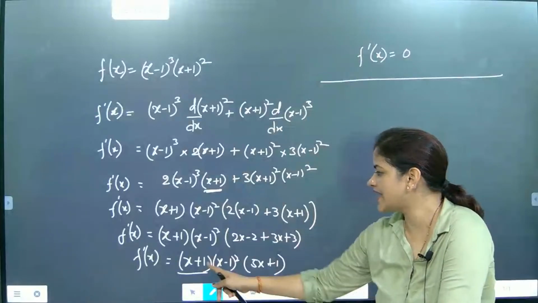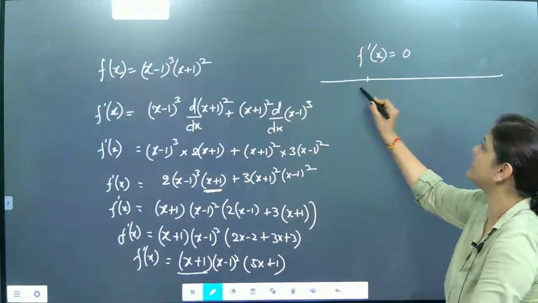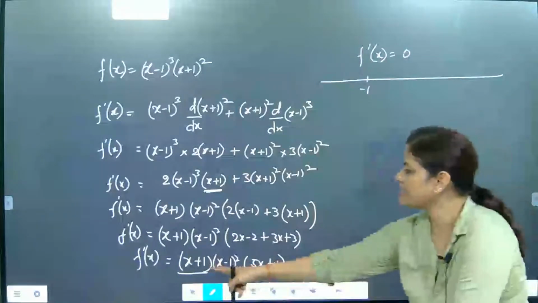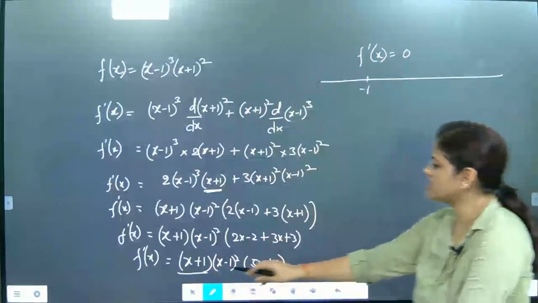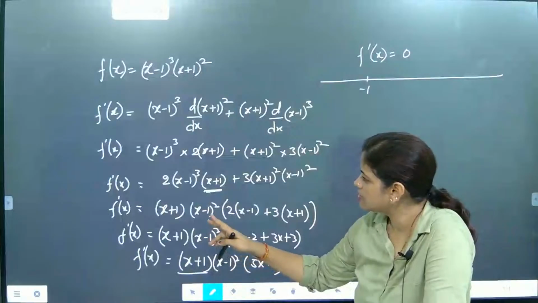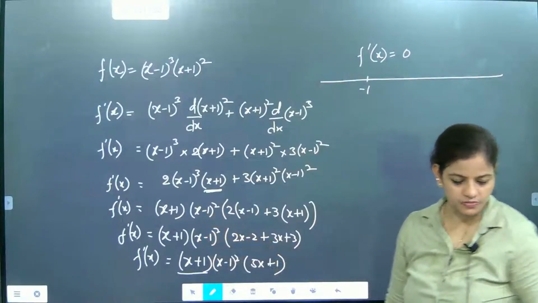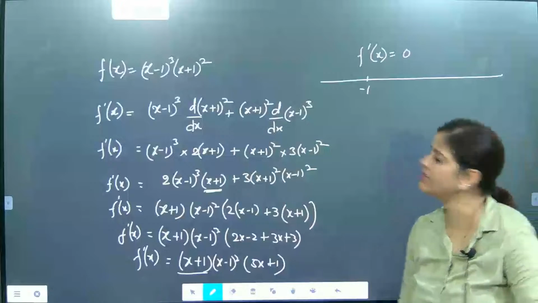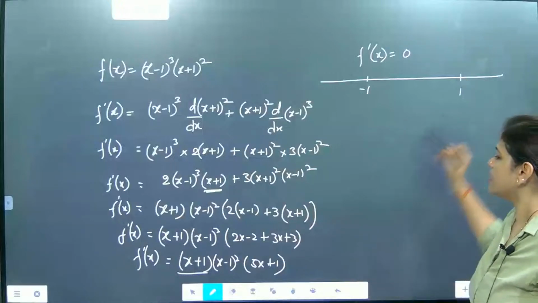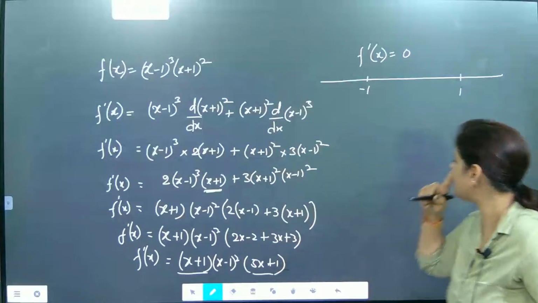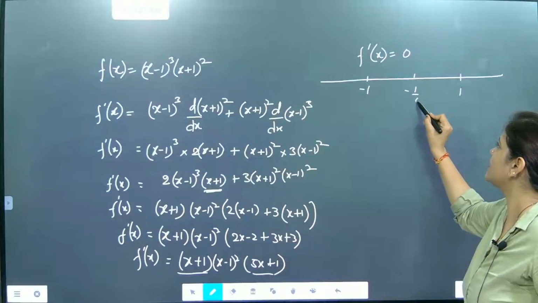So here x plus 1 will give minus 1, x minus 1 will give 1. And this part 5x plus 1 will come as minus 1 by 5.